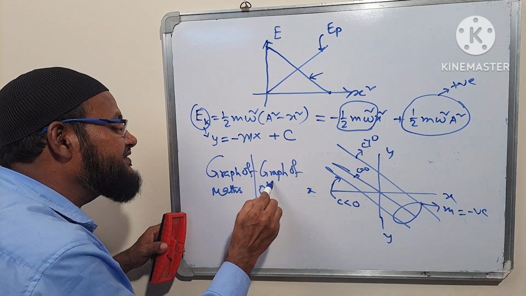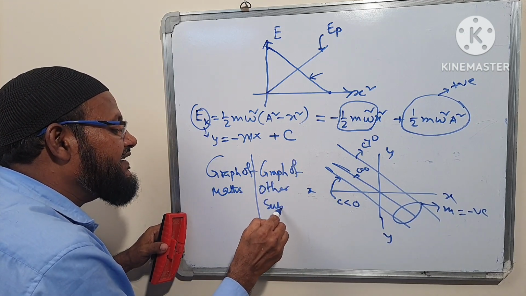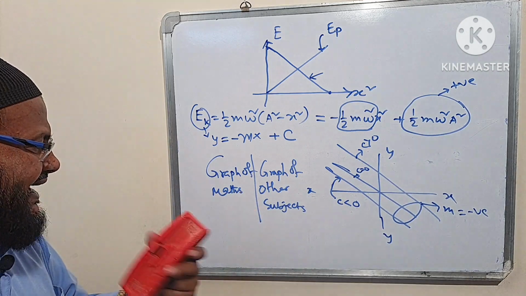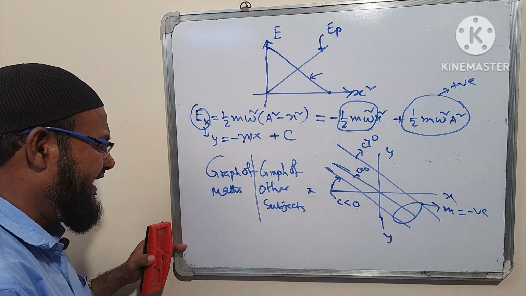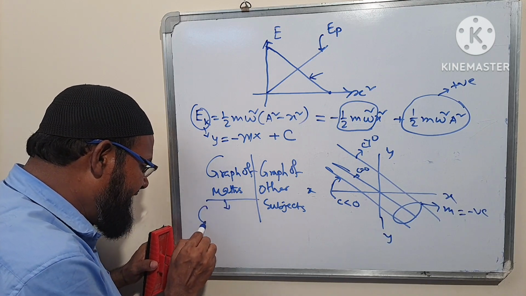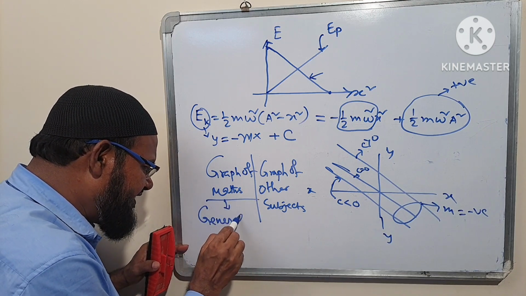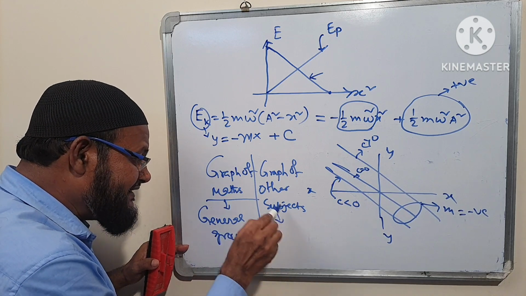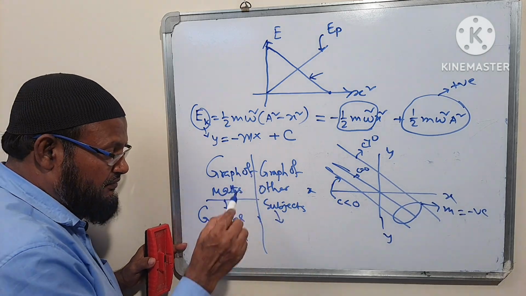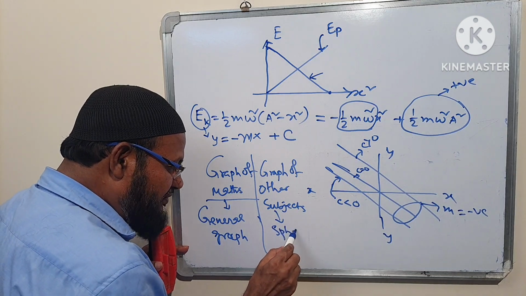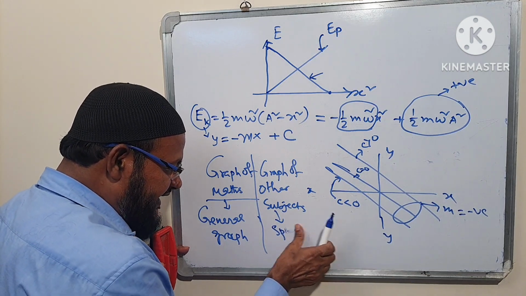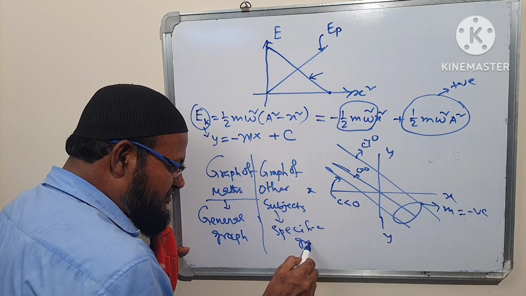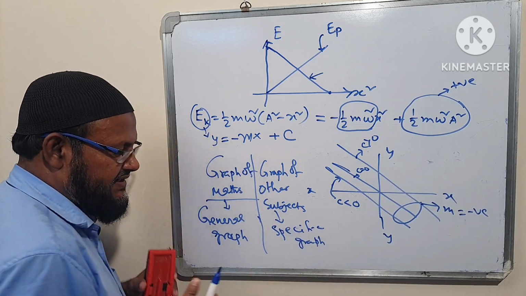This is other subject, meaning physics, chemistry, biology, or any other subject. Here it is the general graph, but here this subject has a specific graph. What is the meaning of that? A specific graph. I am just going to discuss.